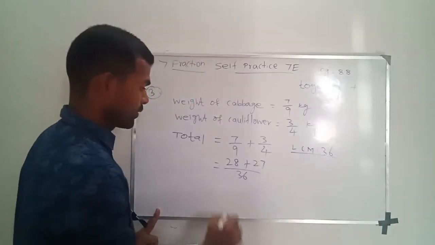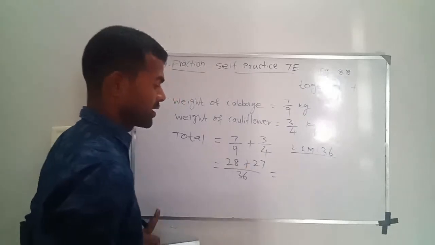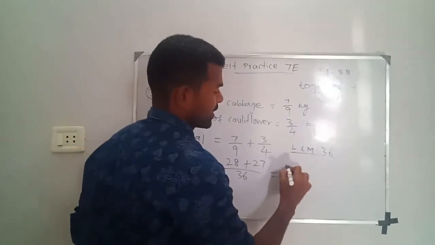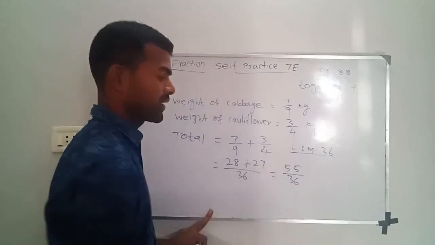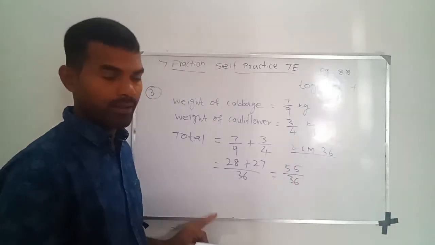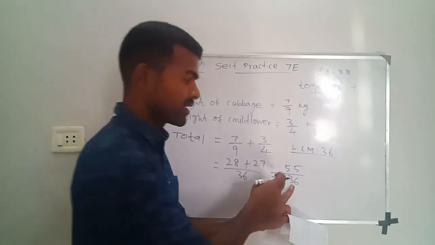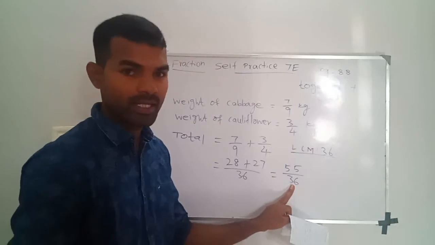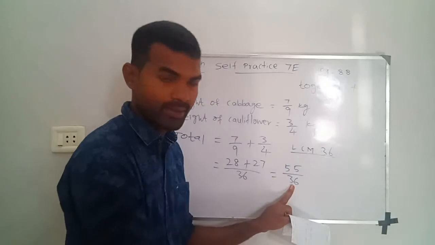Now add these two numbers, 28 plus 27. You are getting 55, by 36. What kind of fraction is this? If the answer is an improper fraction, convert the improper fraction into a mixed number. We already studied that.